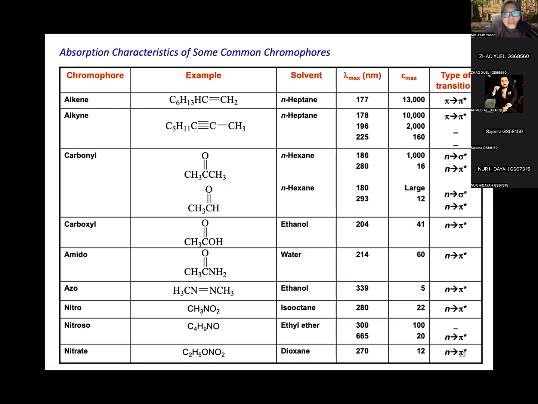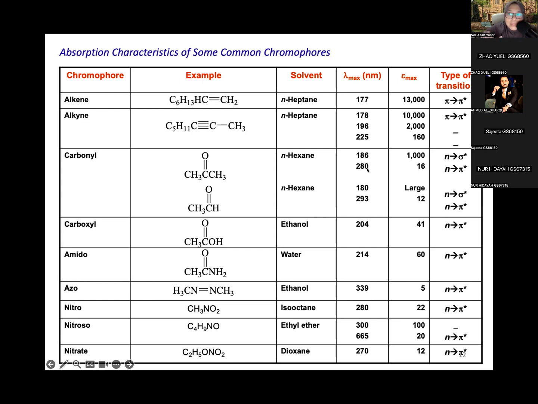where you can do the analysis using the UV region, the ultraviolet region. So this is the example, because you know the ultraviolet region is from 180 nanometers to 300. So if you look at a compound with a carbonyl, probably your analysis can work between 186 and 280.